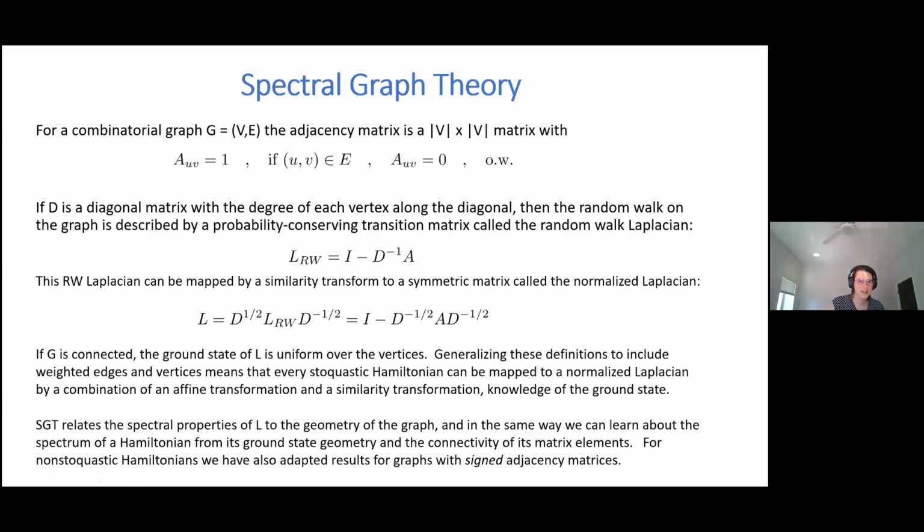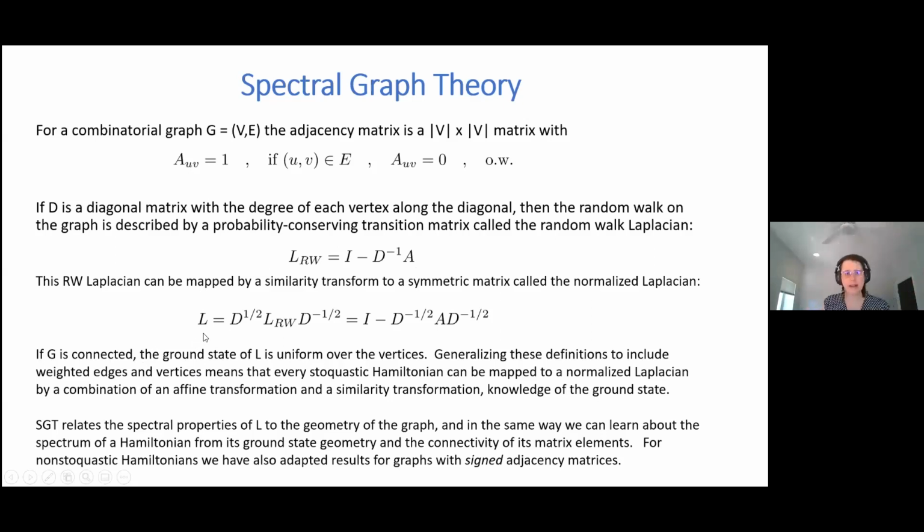The random walk Laplacian can be transformed by a similarity transformation to a symmetric matrix, which is called the normalized Laplacian. This is the primary object of study in spectral graph theory, although you could study the spectrum of the adjacency matrix as well.